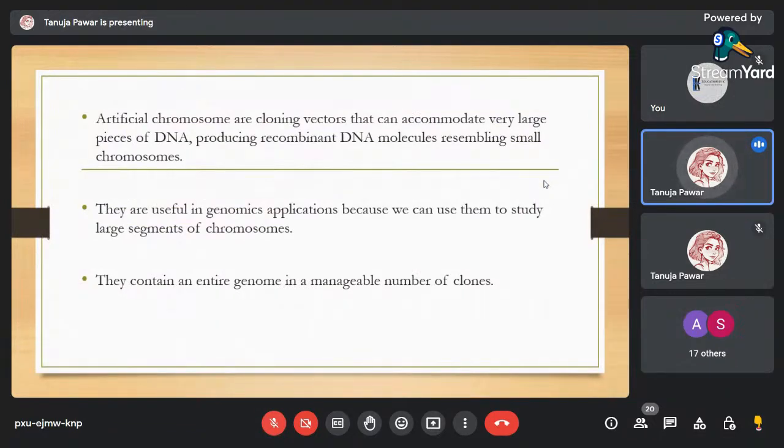Artificial chromosomes are vectors which can contain a large segment of DNA, and we can study that large segment of chromosome with the help of different techniques that are available.